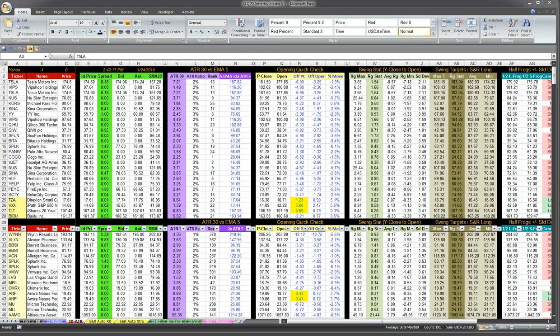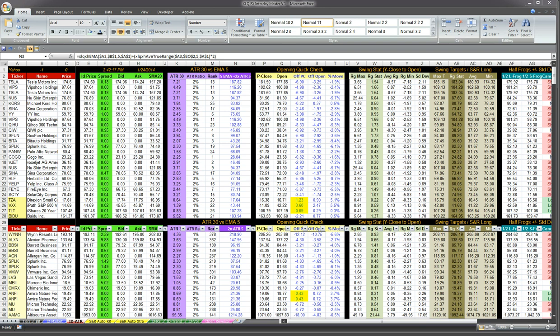Then I have a ranking system so that I can sort them, especially down here in the research area. I might want to see which ATR is the greatest percent, to help me pick out big movers for the day.